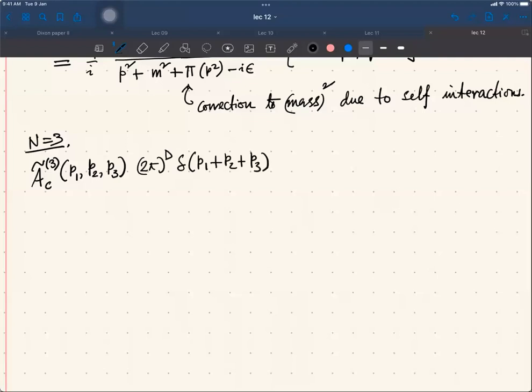If you calculate this, then you get these diagrams with amputation, p1, p2, p3, all incoming, and of course this is 1 pi, this is also 1 pi.